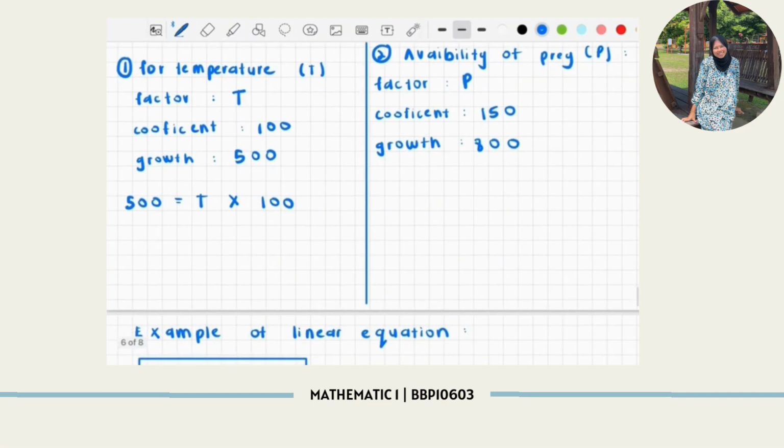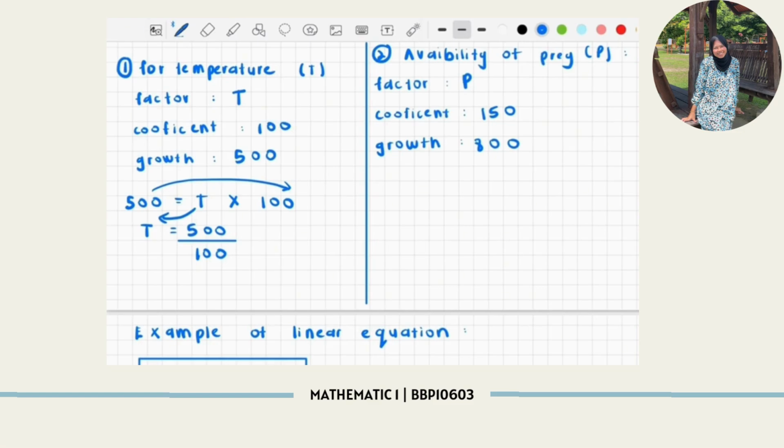So we need to make T the subject. So T equals 500 over 100. Why can it be like this? Because I bring the 500 to the back, and then I bring the T to the front.